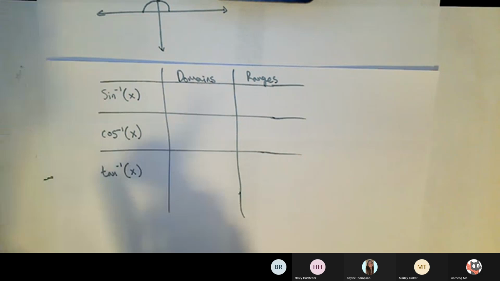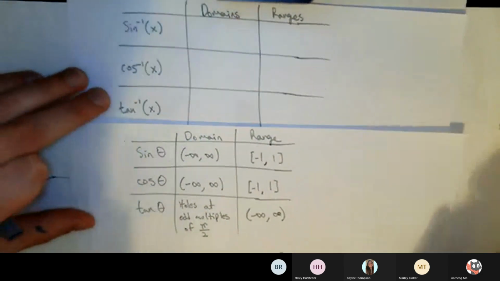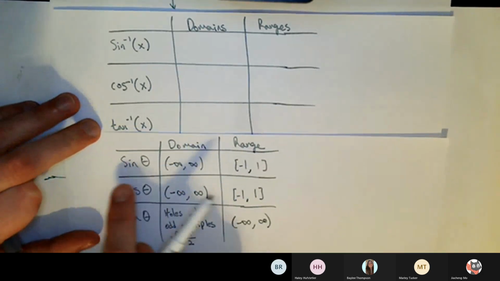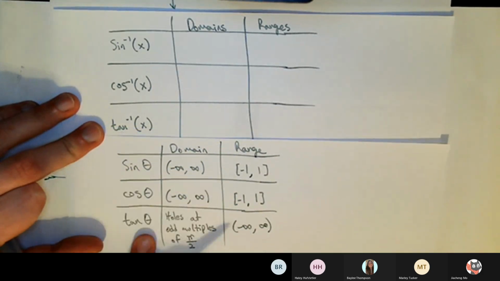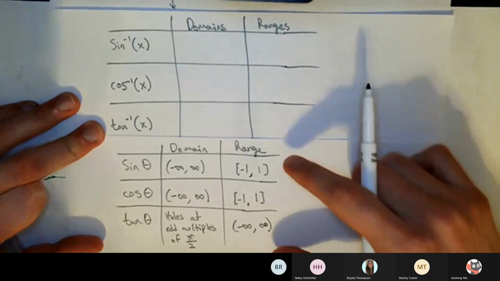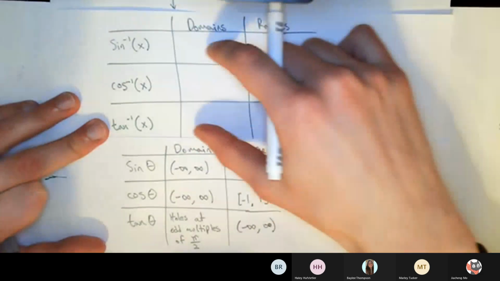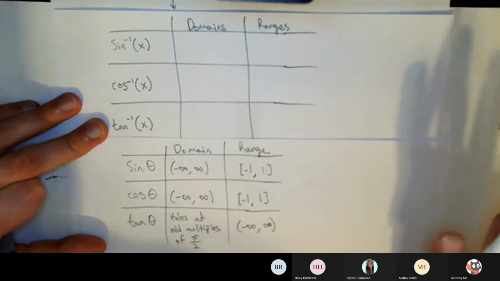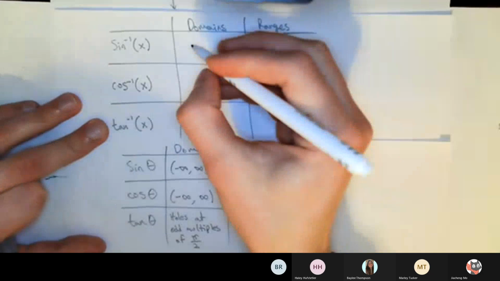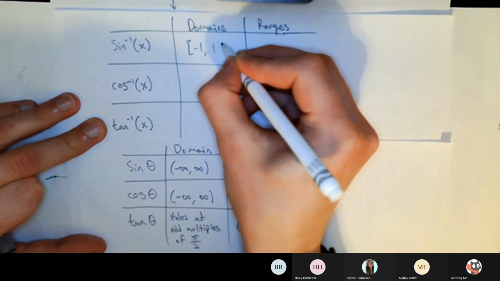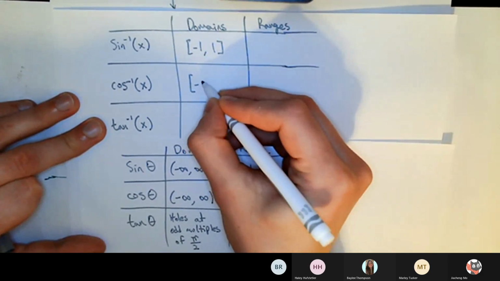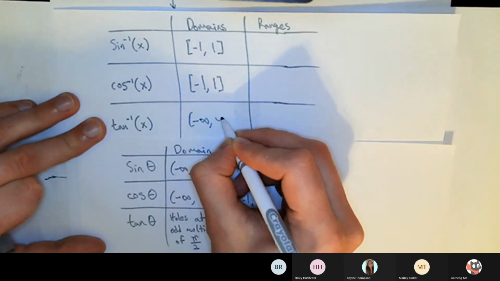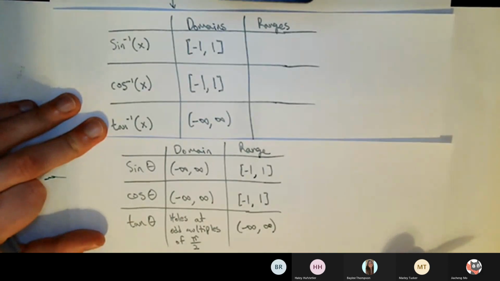Now, let's get these here for reference. Did I need to restrict the range of any of my original functions? So remember, these are the base functions and these are the inverses, so I should expect the domain and range to be swapping here. Did I have to restrict range? All of that stuff I was talking about was all about restricting domain, right? So these get copied over right in here. The domain of sine inverse is negative 1 to 1. The domain of cosine inverse is negative 1 to 1, and the domain of tangent inverse is negative infinity to infinity.